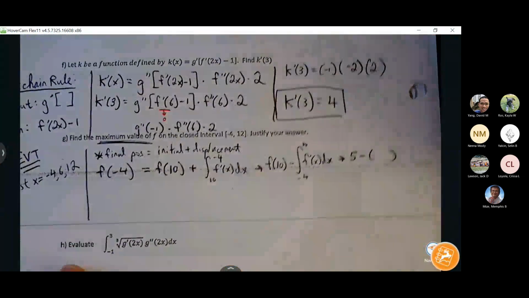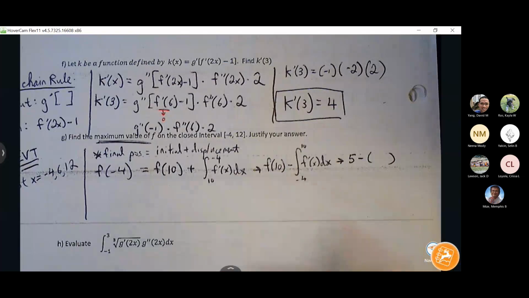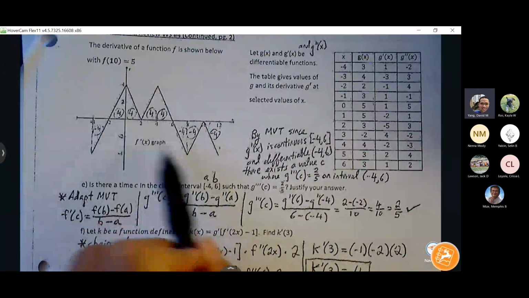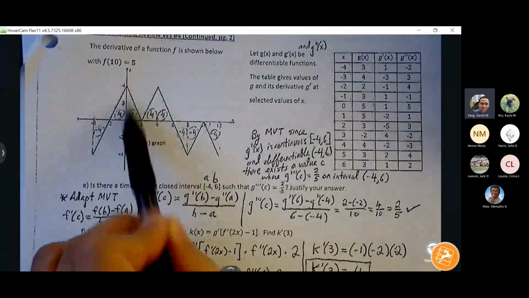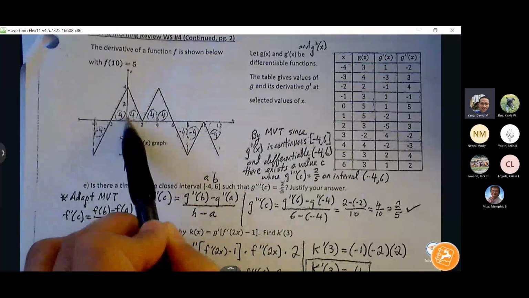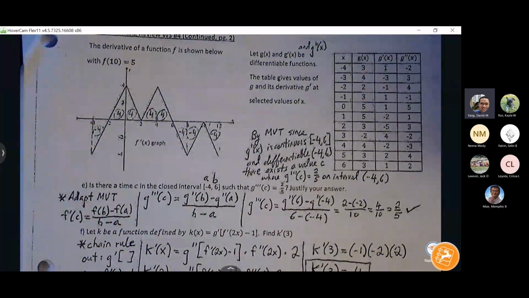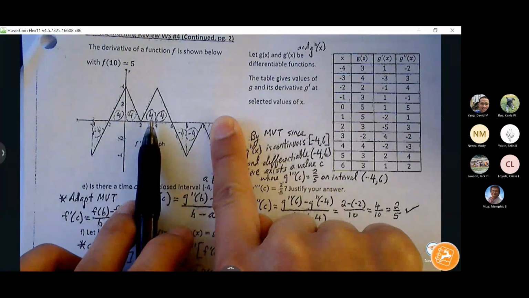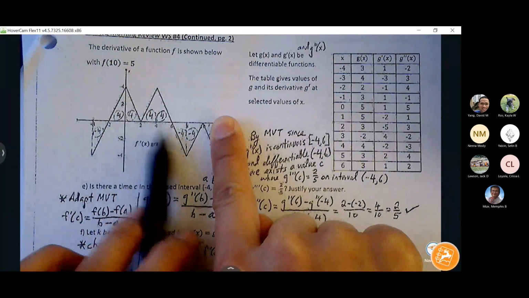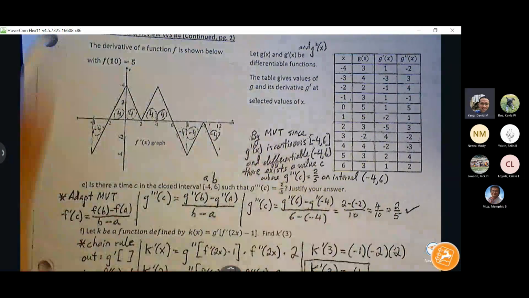minus, so from -4 to 10, we have to go to our graph and look at all the regions that we've collected. These are all triangles. They all have 4s. You could have just done 1/2 base times height and put 8 here instead. I just decided to split them up into smaller intervals. So from -4 to 10, there's a 4 here.